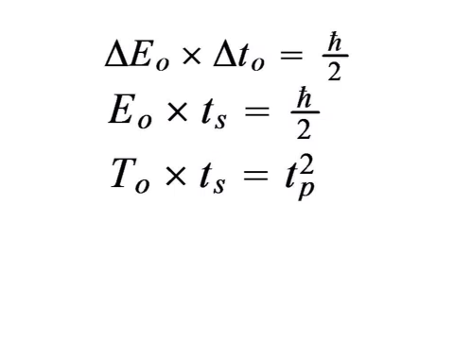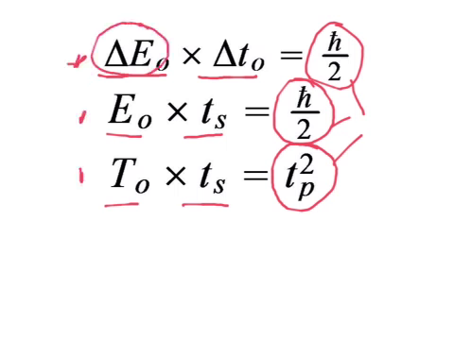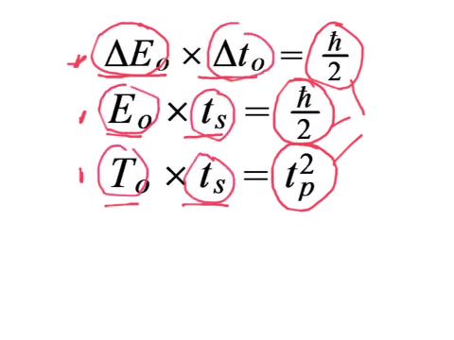So we have three equations we can look at. Delta E sub O times delta T sub O is equal to h bar over 2. E sub O times small time is also equal to h bar over 2. And large time times small time is equal to the Planck time squared. All of these are constants. And in each of these cases here, we have a large value, the largest value in this category, times the smallest value in the category.